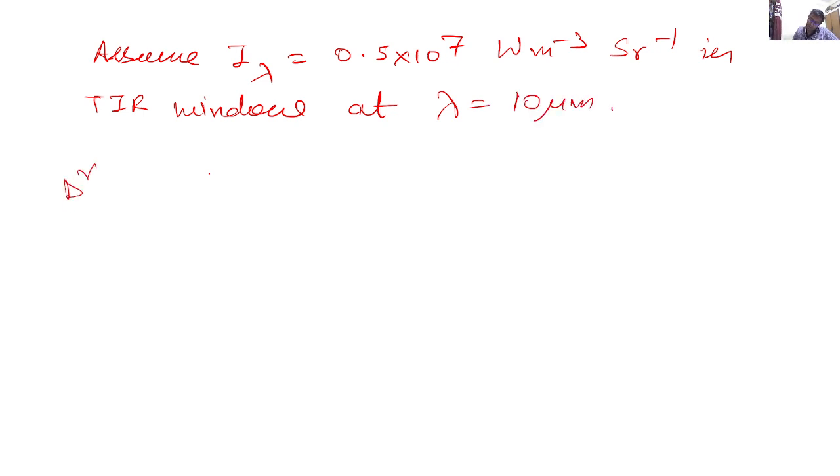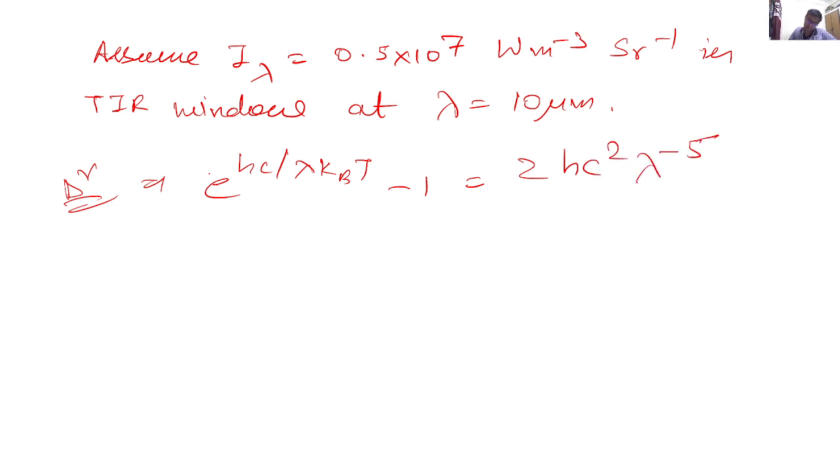So the denominator of Planck's term is nothing but e to the power hc by lambda kbt minus 1, or kb we will write just as k. Okay, so it will be 2 hc square times lambda power minus 5 by I lambda. Okay, we're just trying to segregate temperature.